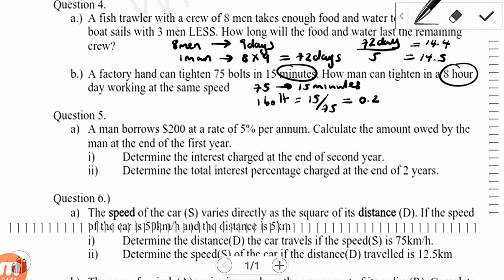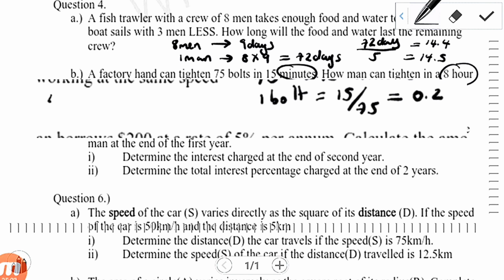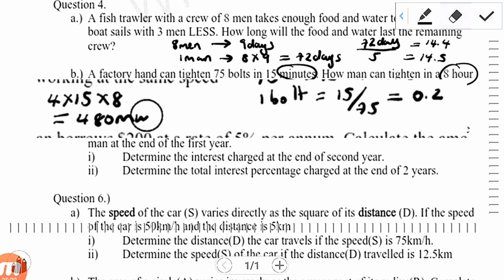If you recognize that 15 minutes is a quarter of an hour, then I can just multiply 4 by 15 to give me 1 hour. And then there's 8 hours, so I'll multiply this by 8. Basically, this will tell me how many minutes I'm able to get within 8 hours. Mathematically, that works out to be 480 minutes.